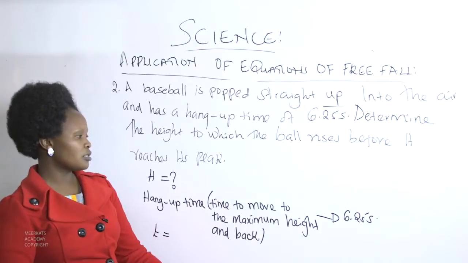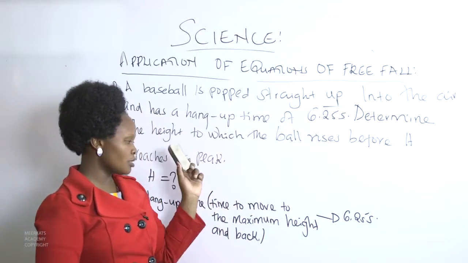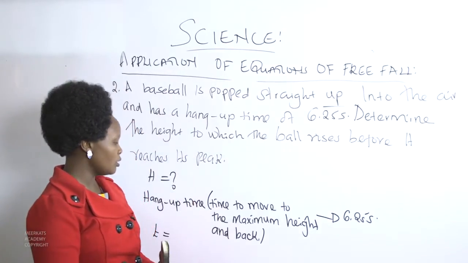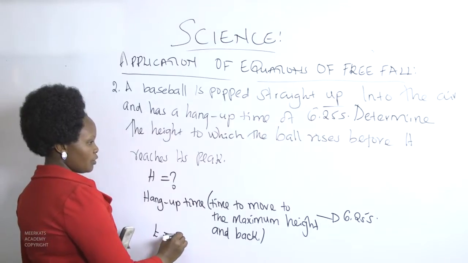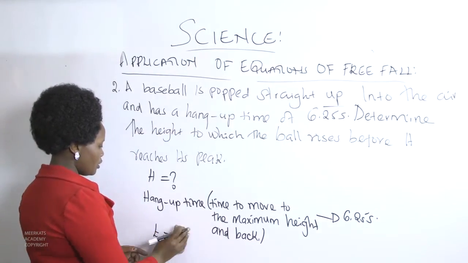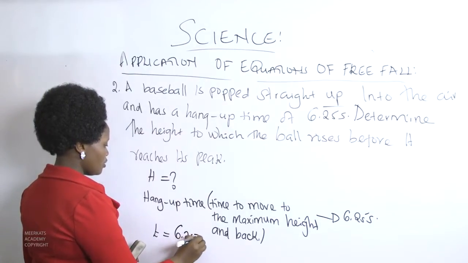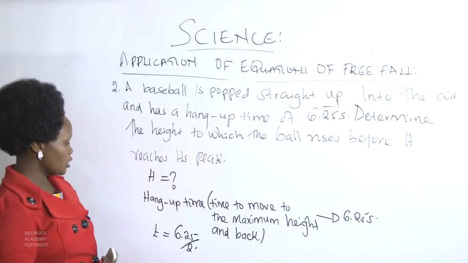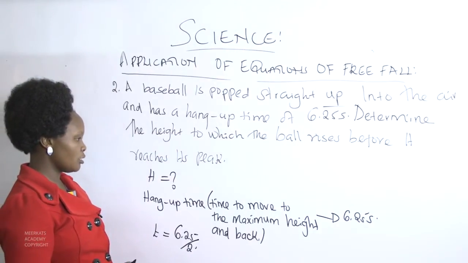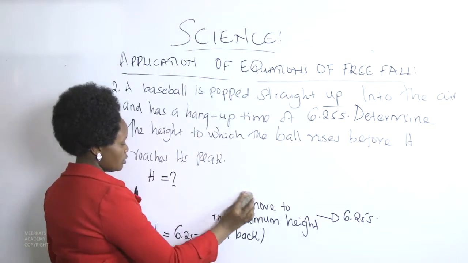If 6.25 seconds is the time needed to go to the maximum height and back to the ground, then t is going to be given by 6.25 divided by 2, so that now we get the time for one way.